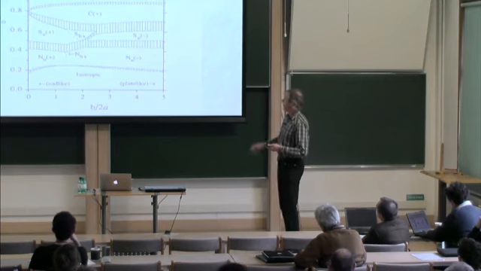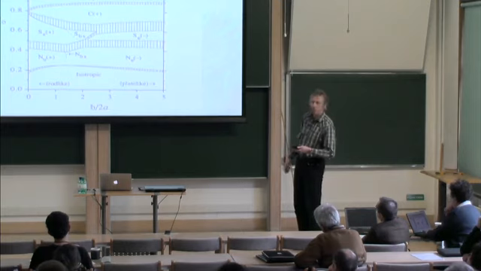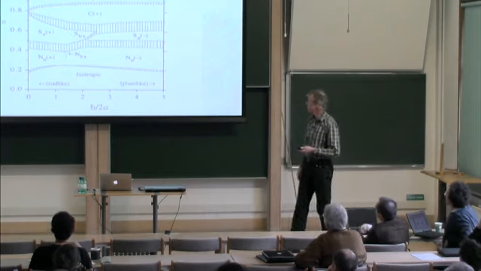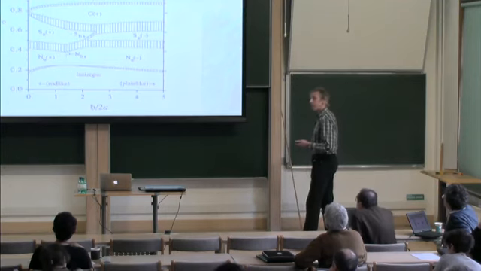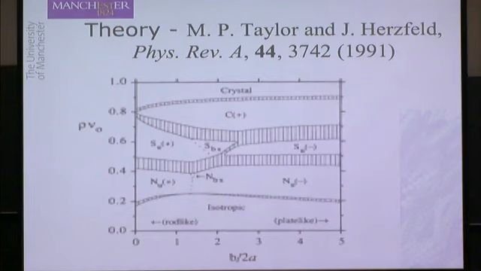And if you go back in the literature, and again, this was mentioned in the previous talk, there's this absolutely remarkable paper, I think, by Taylor and Hertzfeld in 1991. They used mainly a free volume technique to calculate the stability of all conceivable ordered phases. They had some kind of scale particle theory for doing the isotropic nematic stuff.